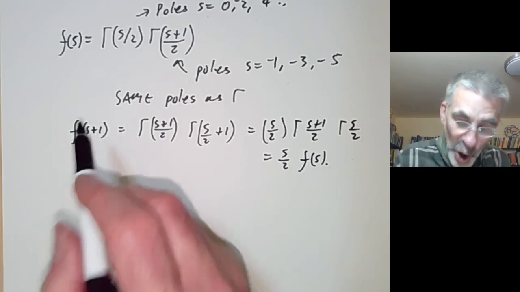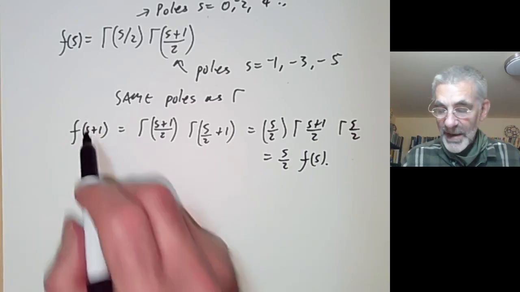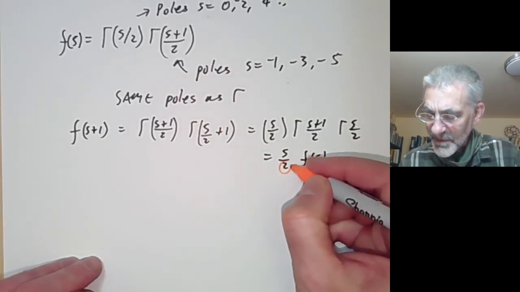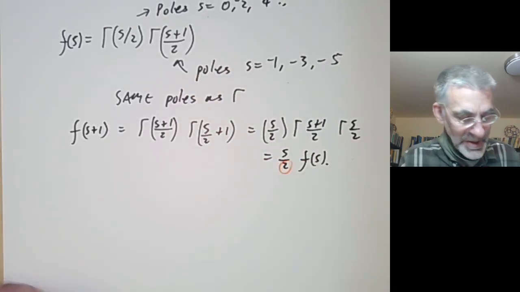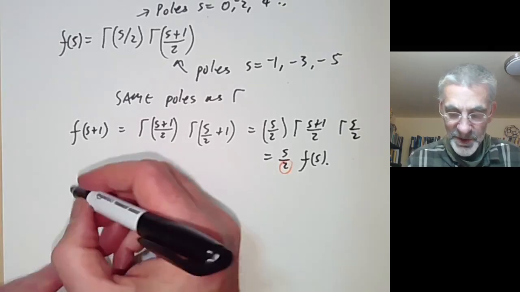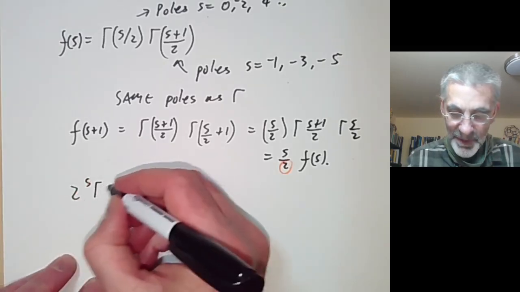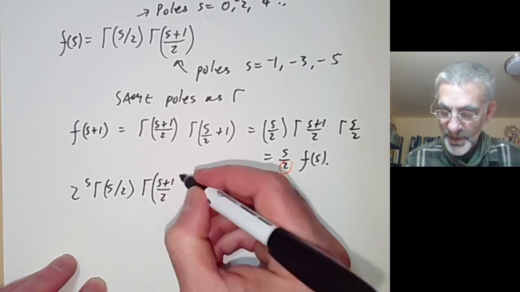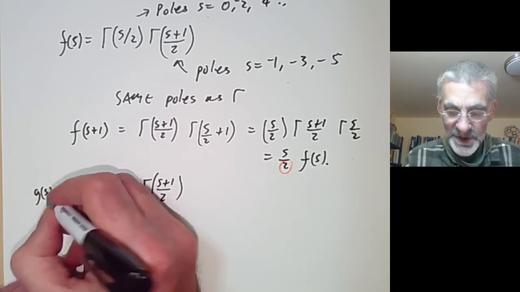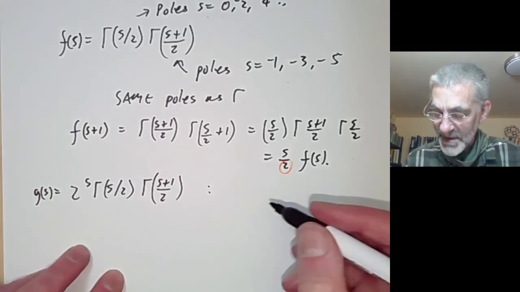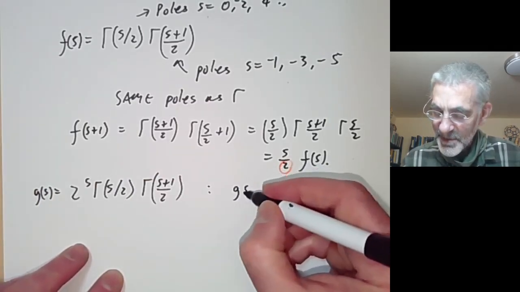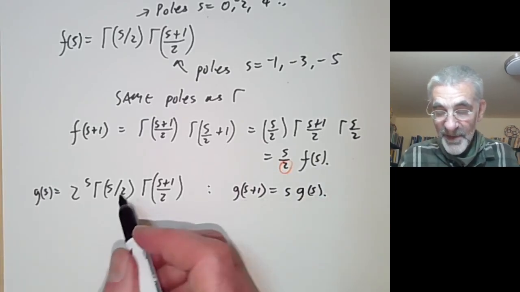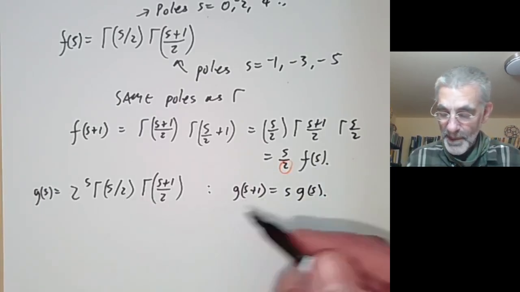Okay, well, this is almost the equation for gamma of s, except we've got this stray factor of 2 here. Well, that's not very difficult to get rid of. Now let's look at 2 to the s times gamma of s over 2 times gamma of s plus 1 over 2. So if you put g of s equals this, then it satisfies g of s plus 1 is equal to s times g of s. So it's the same functional equation as for gamma.